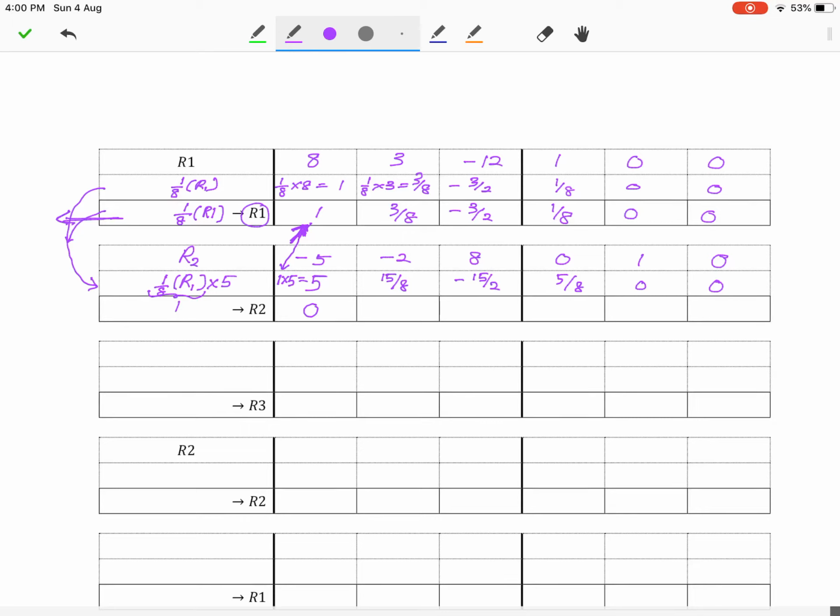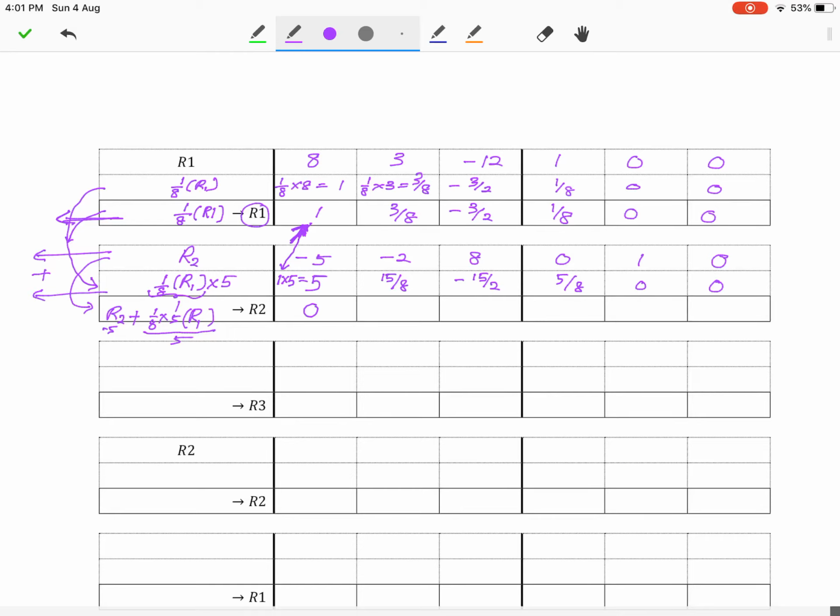What I have done here is take R2 plus the new operation, which is 1 over 8 times 5 times R1, because this is technically negative 5 and this is 5. So technically you take this row plus this row.